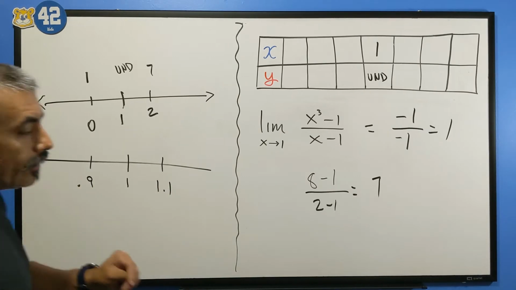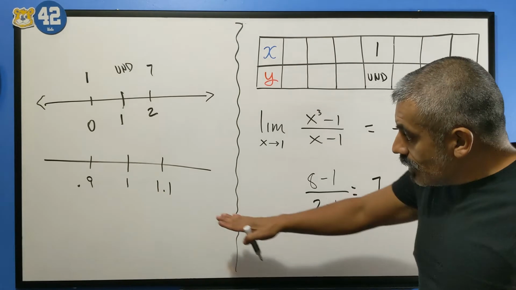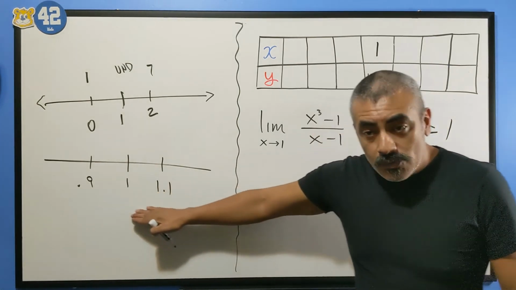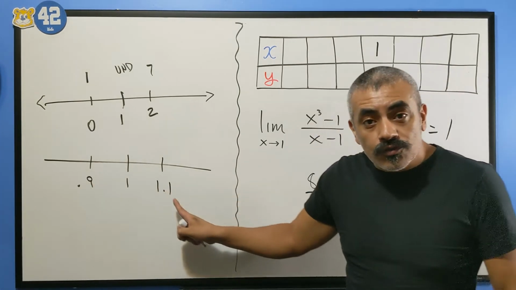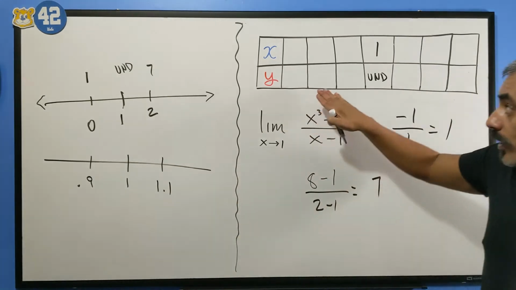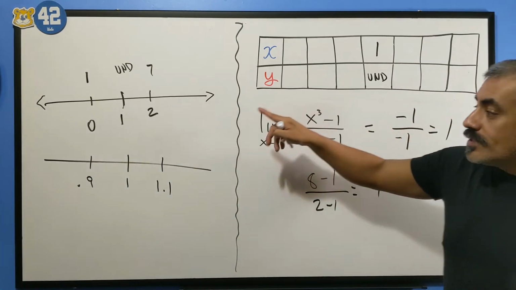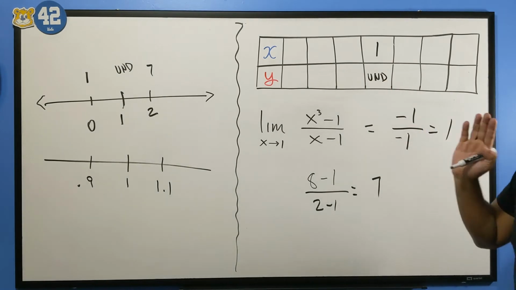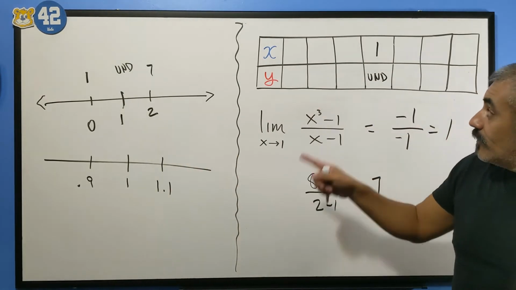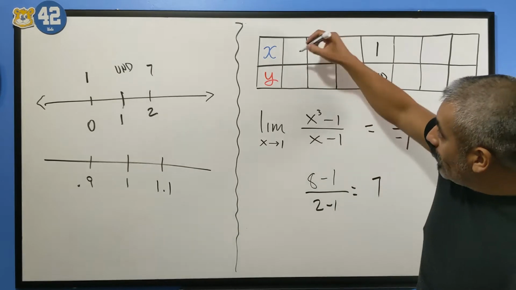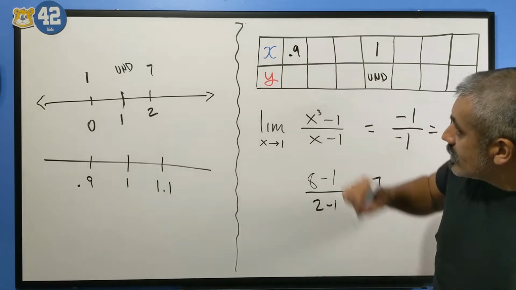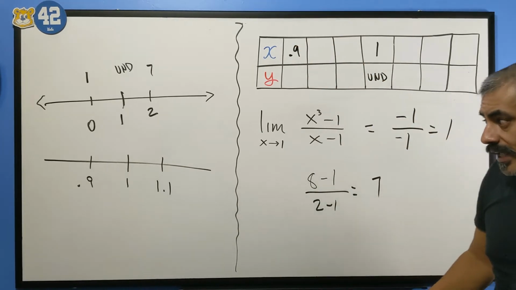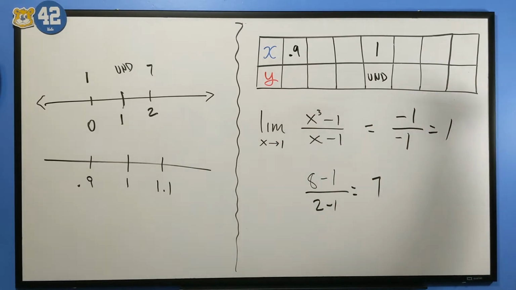So the way we're going to do this is we're actually going to pick these really close values, and these are going to be the outermost values that we're going to pick. Meaning we're going to go to our table here, and we're saying, well, at 1, it's undefined. And the furthest I want to go to the left from this 1 is 0.9, because that's as far as I want to get. And the furthest I want to get to the right from this 1 is going to be 1.1.